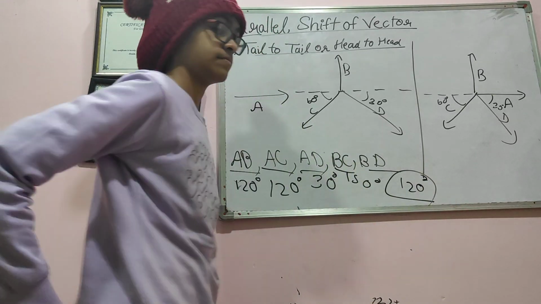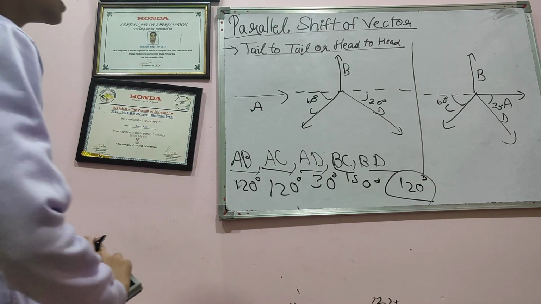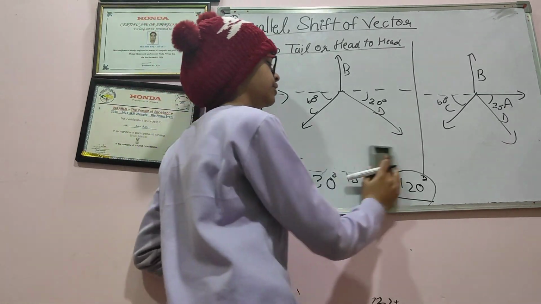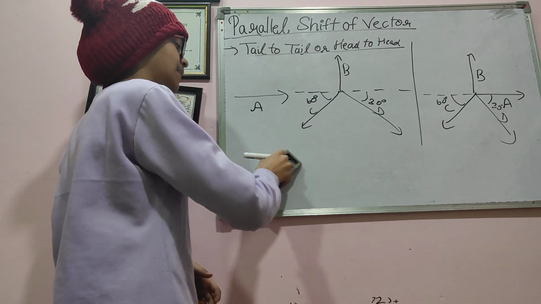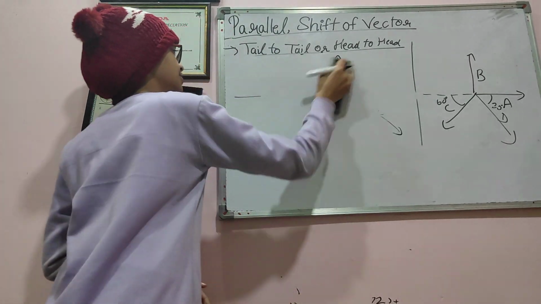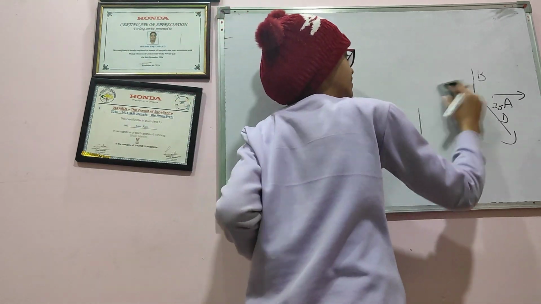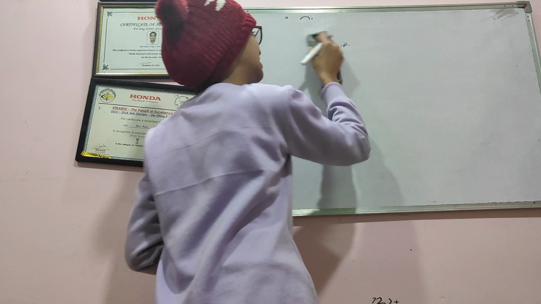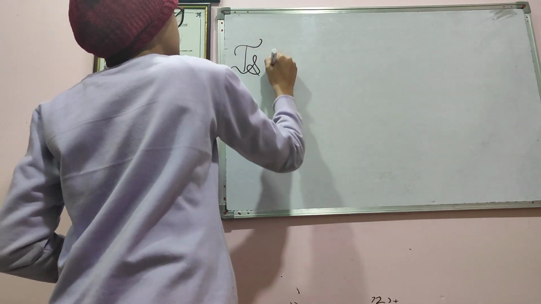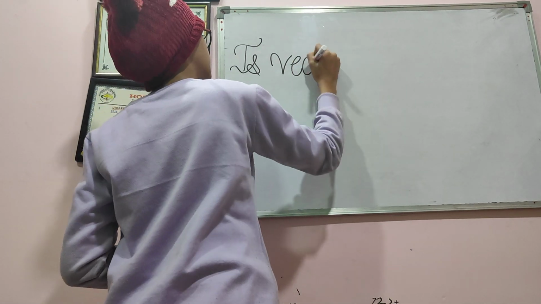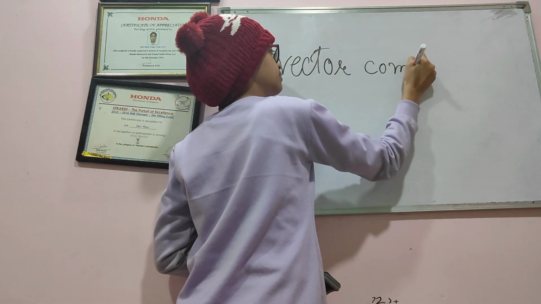So, yes. Next we have a really short topic. It's not even a topic. It is vector commutative. In schools, you may have learned the commutative property of addition and multiplication. Now, the question arises, is vector commutative?